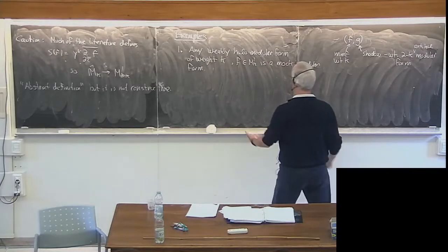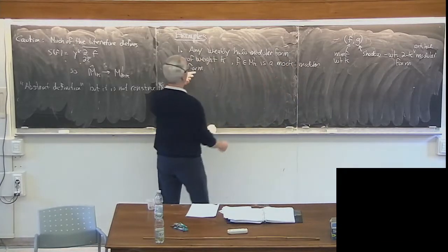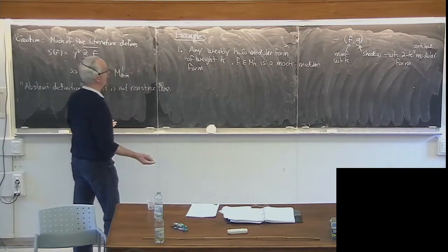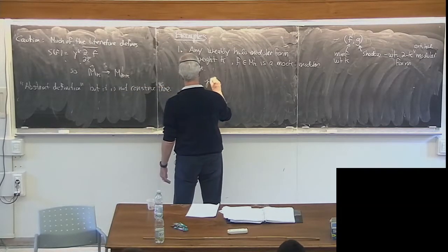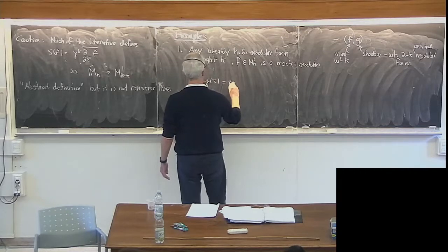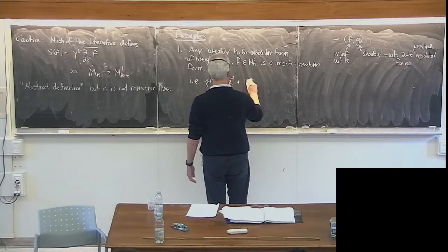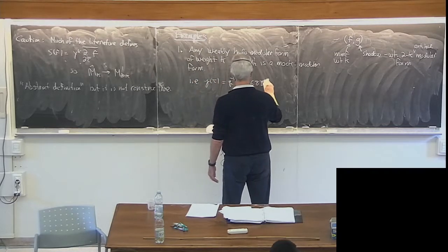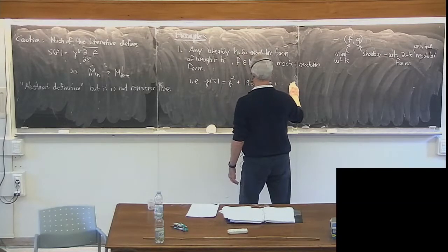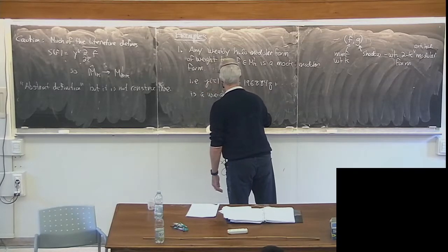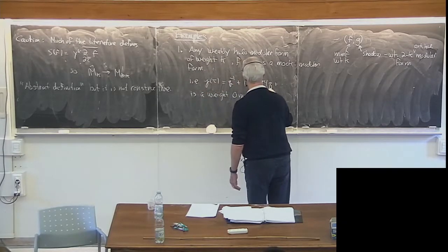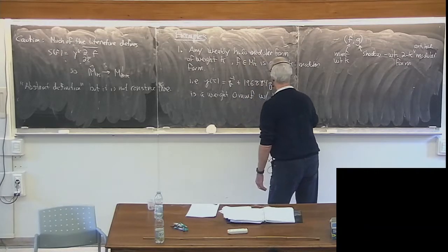So this, just an ordinary holomorphic modular form, for example J of tau, is by this definition a weight 0 mock modular form with a vanishing shadow.